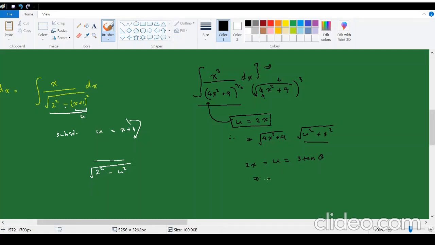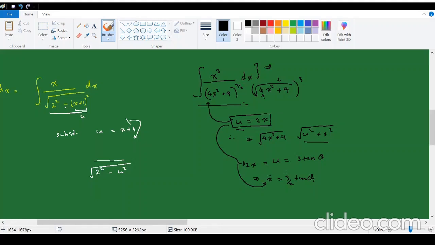In other words, x is equal to 3 over 2 tan theta. So instead of writing the whole integral in terms of u, we just use the substitution and directly evaluate the corresponding relationship for x and theta, right?